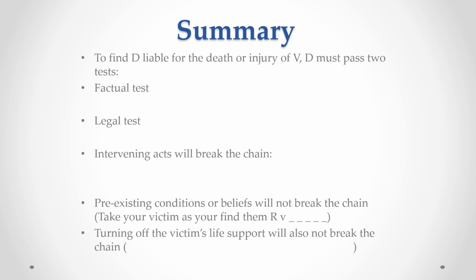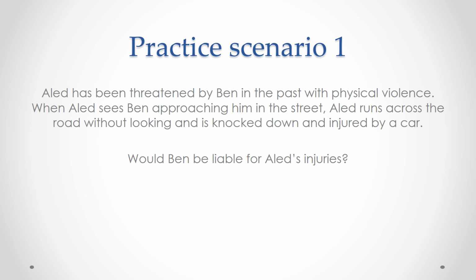Okay, so I will leave you with, you're going to have a worksheet set by me with some short causation scenarios, but I'll leave you with the first causation scenario to have a go at practicing. This is in relation to Ben's liability for Aled's injuries.